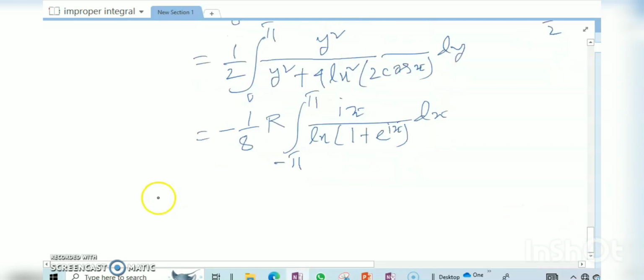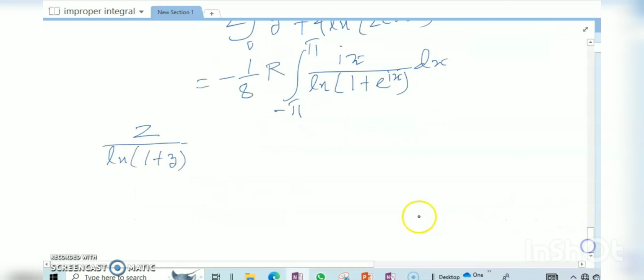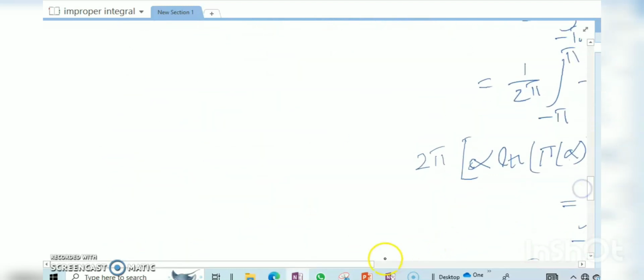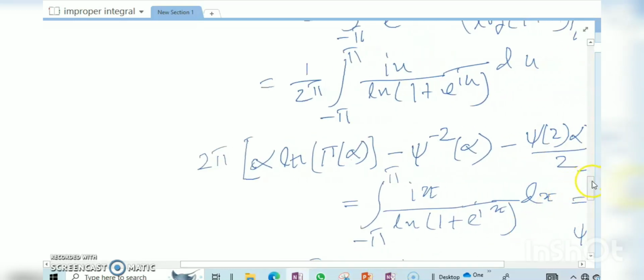Now friends, you have to remember that z divided by ln 1 plus z can be written as the integral 0 to 1 of z plus 1 whole to the power t dt. This way it can be written.